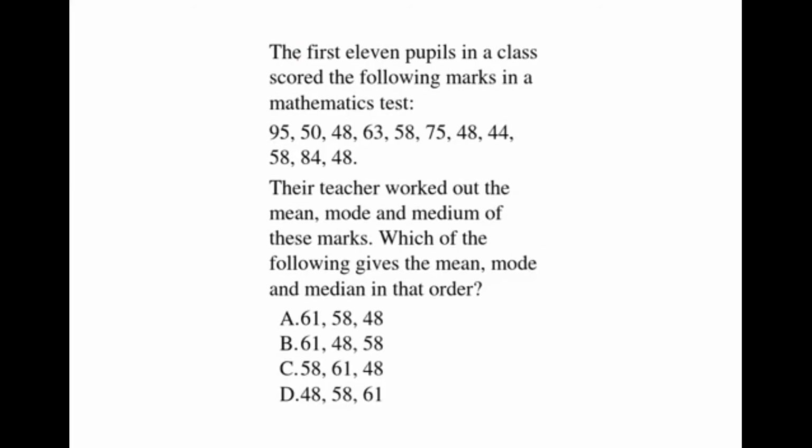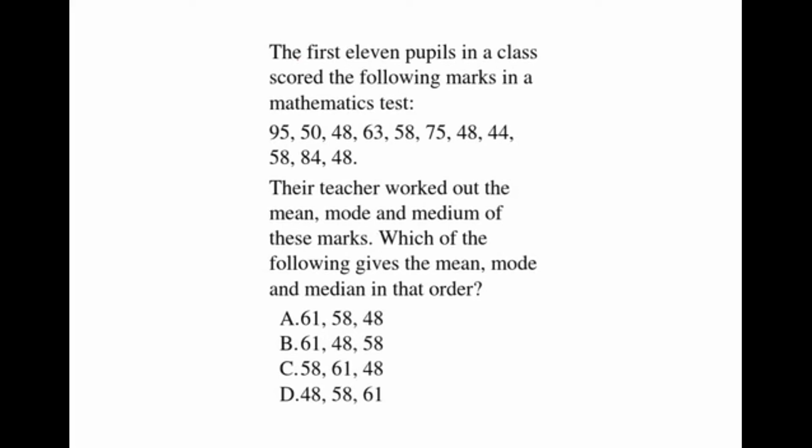The first 11 pupils in a class scored the following marks in a mathematics test. We have 95, 50, 48, 63, 58, 75, 48, 44, 58, 84, and 48. Their teacher worked out the mean, mode, and median of these marks.